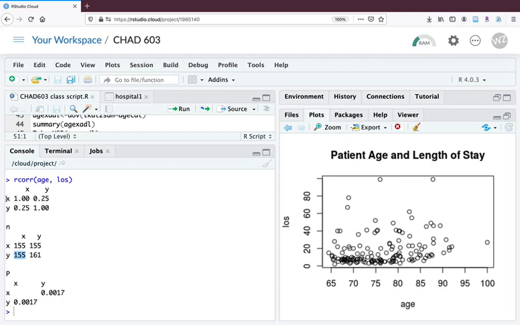What you're really looking for is that XY combination, which is the correlation between age and length of stay. And here it's 0.25, and that is a weak correlation, and that's why we didn't see anything too linear here.